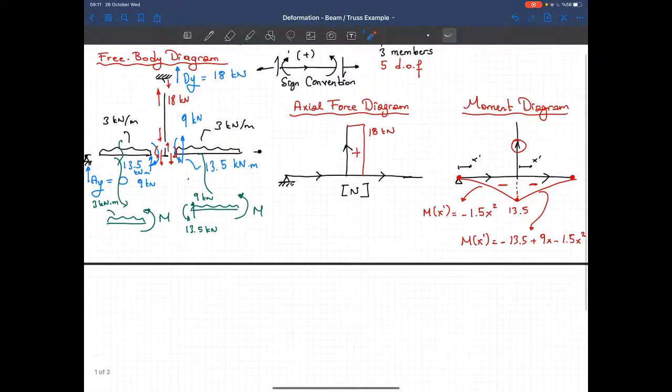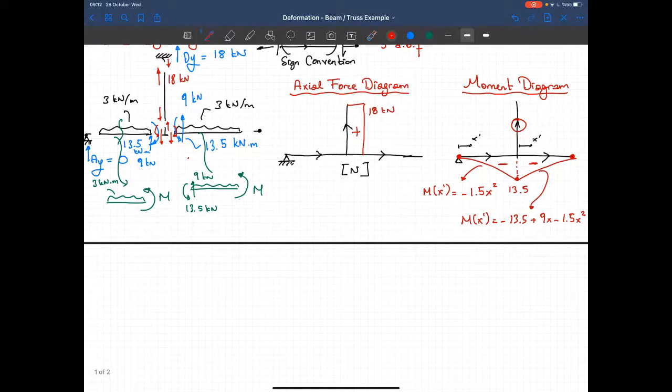So let's do that. We said that I'll start from member 1. Sorry, the truss member 3 in that case. I'll just draw this member this way. This is the top node, this is the bottom node, right?